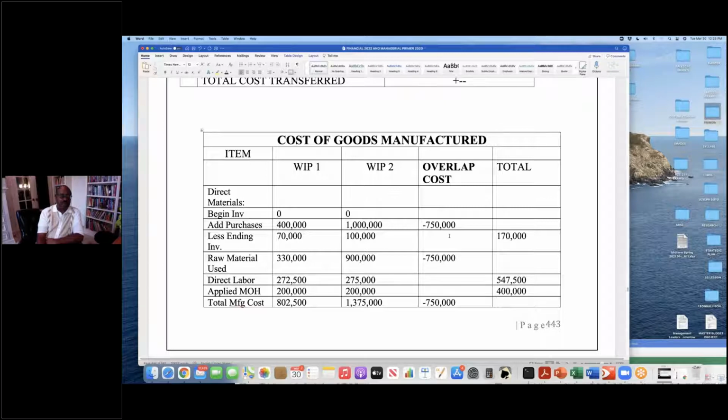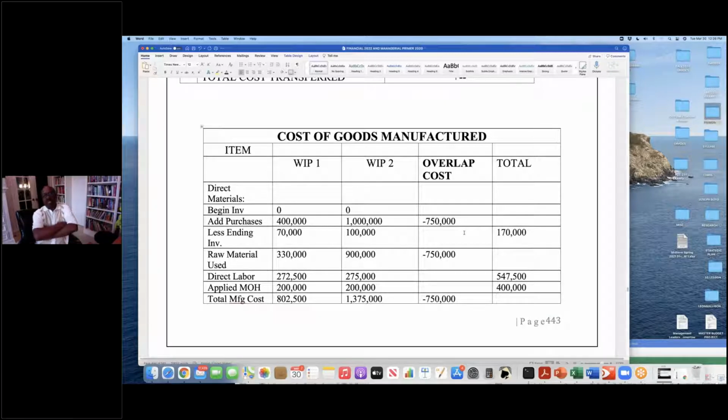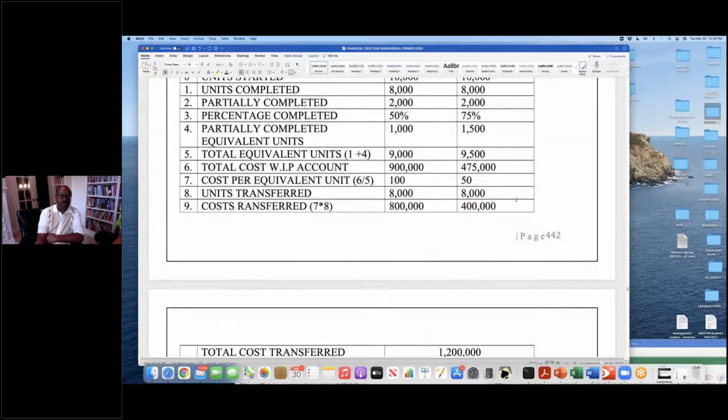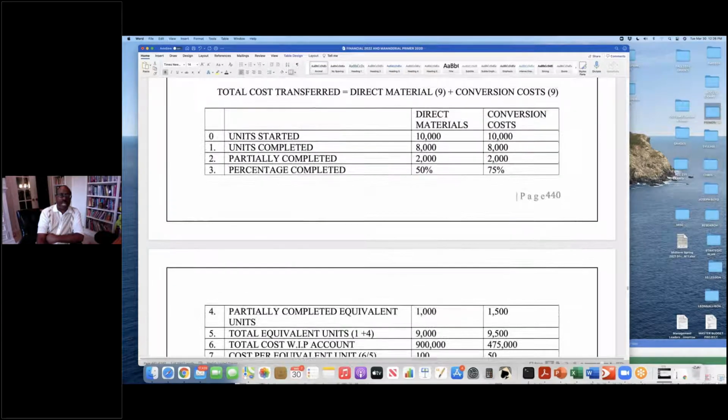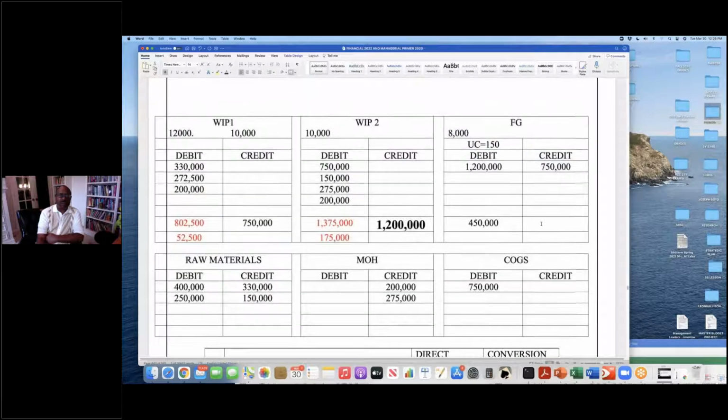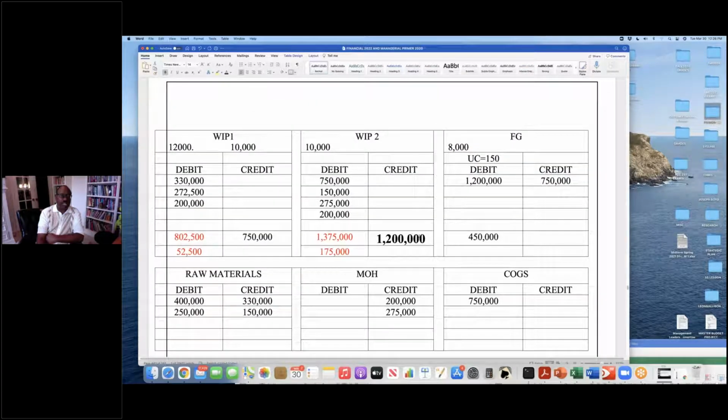But when you come to the company, they didn't incur the cost twice. They only incurred it once. So we subtract out the overlapping costs that we transferred in. And by subtracting out the overlapping costs, we get back to this 1,000,002 that was transferred to finished goods. That's what you have to do. That's a little different there, a little overlapping costs, but you should be able to handle that.